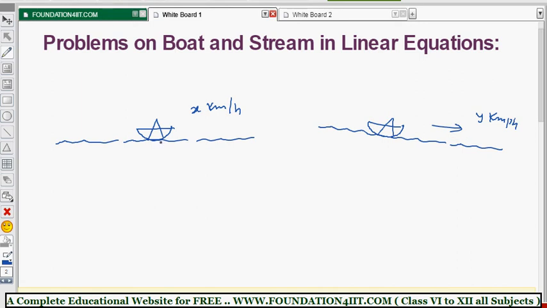So in still water, when the water is not flowing, the speed of the boat is x kilometers per hour. When water is flowing, the water speed is y kilometers per hour. When it's upward and downward, we have downstream and upstream. Downstream we should add the water speed also.